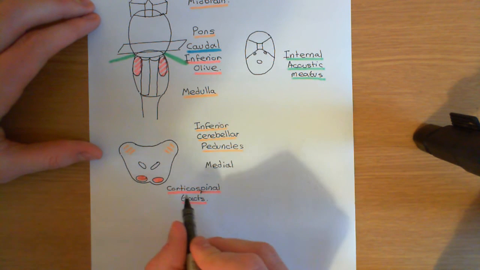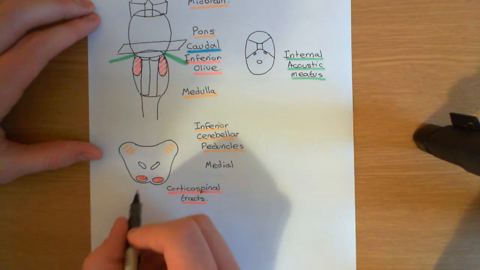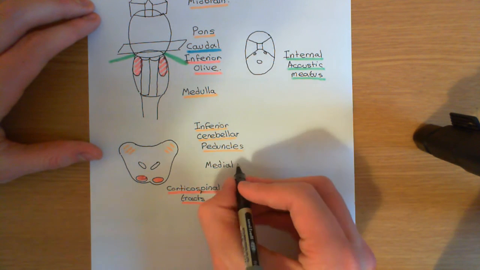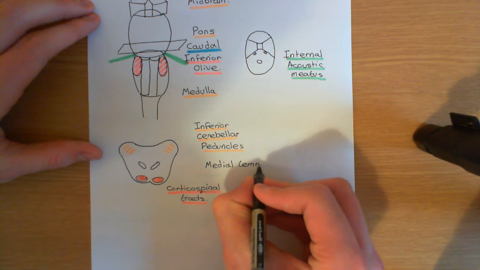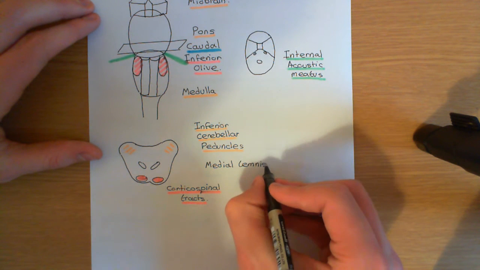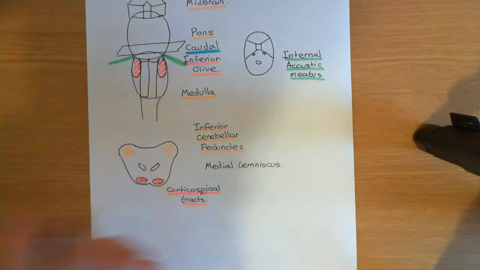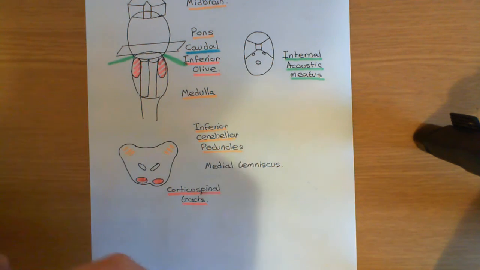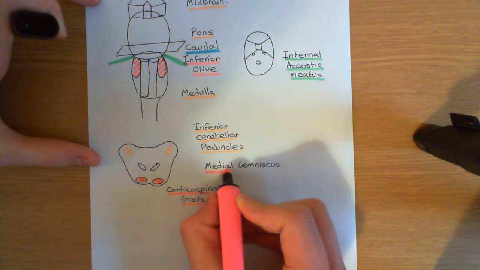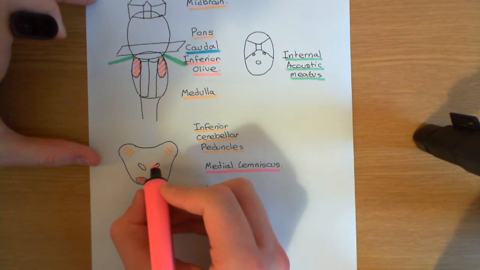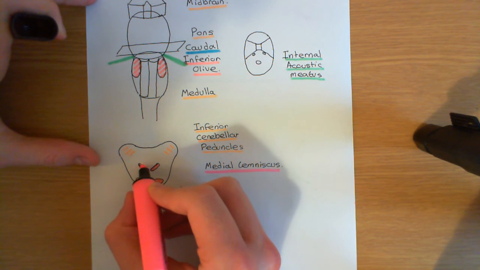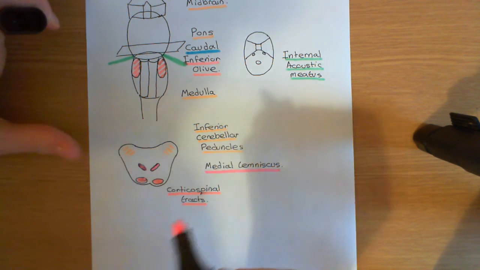They are axons going downwards to relay information from the brain down to the spinal cord. The medial lemniscuses, or medial lemnisci, I think is probably the plural, are ascending tracts. They are going to be carrying sensory information from the spinal cord up to the brain.